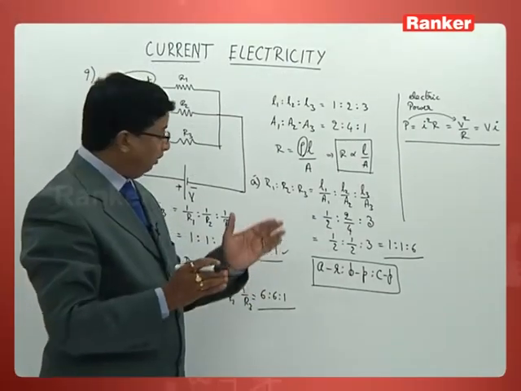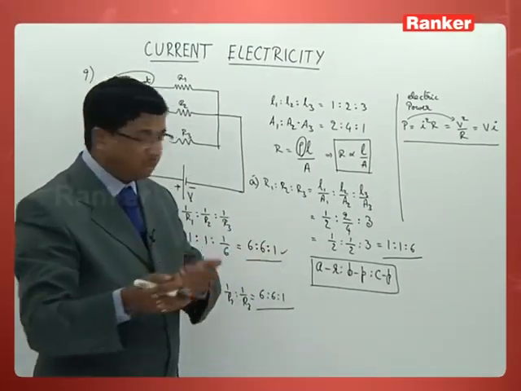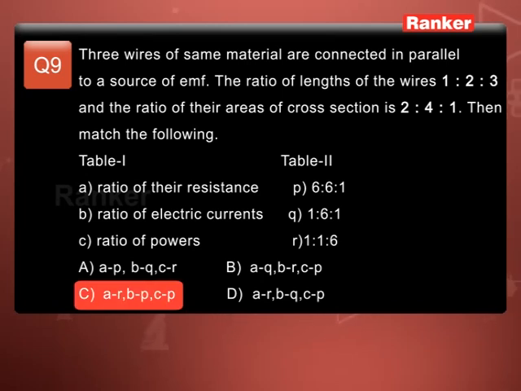Which match is correct out of the four options given? The answer for this one is the third match. If you look at the options given, A to P, B to Q, C to R, that is the first option, which is wrong. A to P, A to Q, B to R, C to P, that is the second option, which is also wrong.